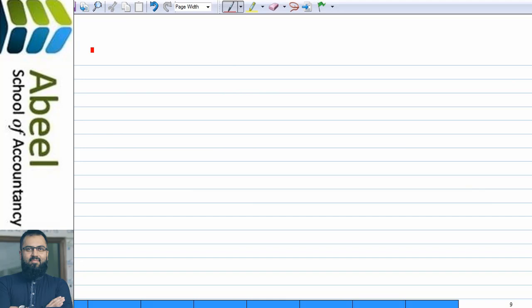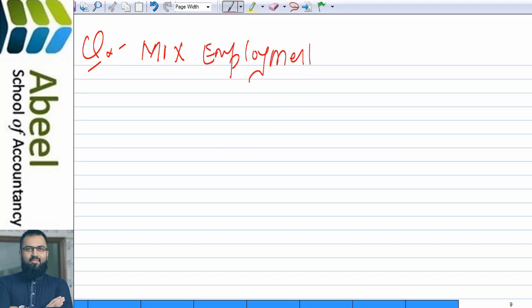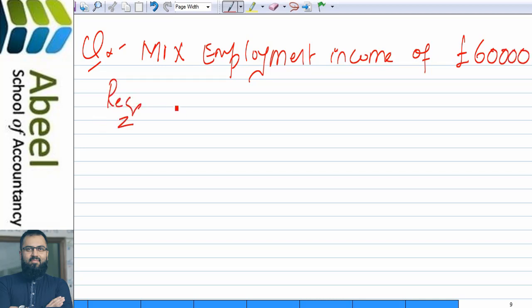For example, Mr. X has an employment income of 70,000, and you are required to calculate the tax liability.